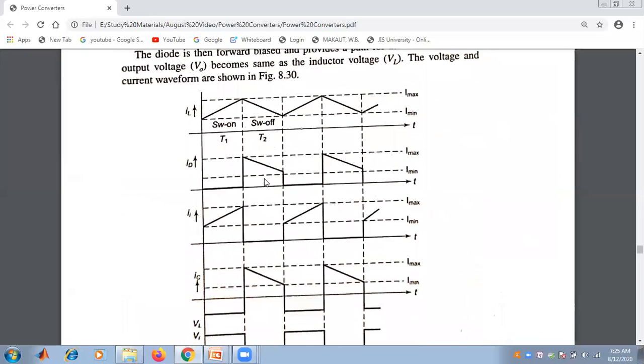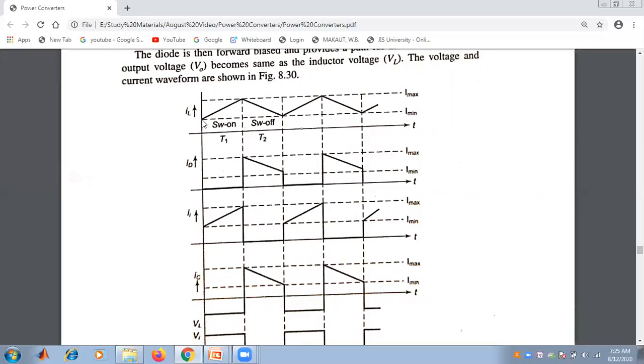If I now look at the current waveform, there is a time period T1 when the switch is on, and a time period T2 when the switch is off. The current through the inductor increases linearly, as we have already said.